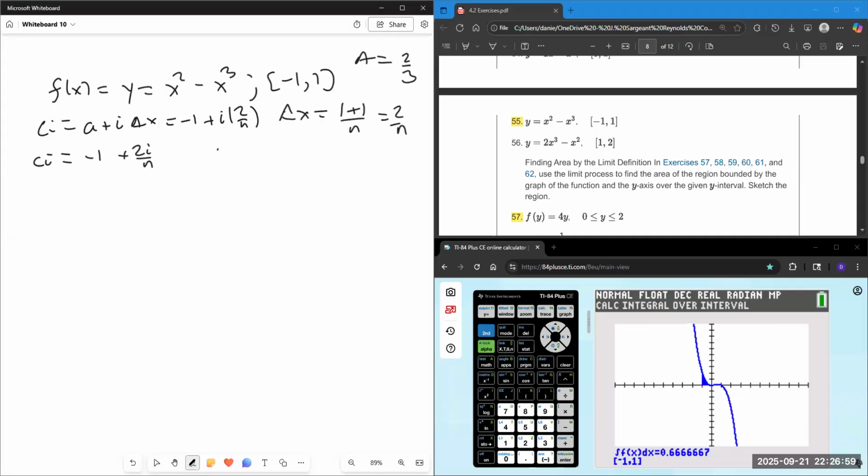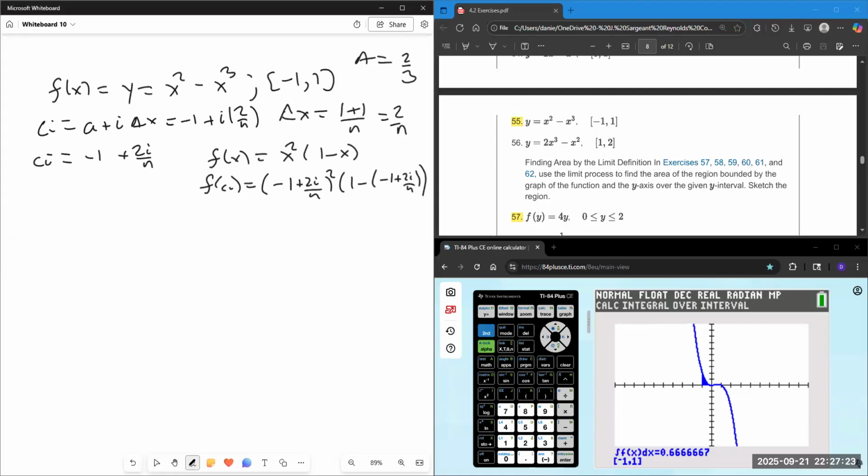I'm going to rewrite f of x as x squared times 1 minus x. Then f of ci is -1 plus 2i over n squared, 1 minus -1 plus 2i over n.